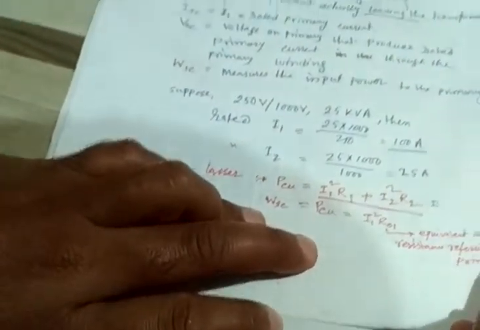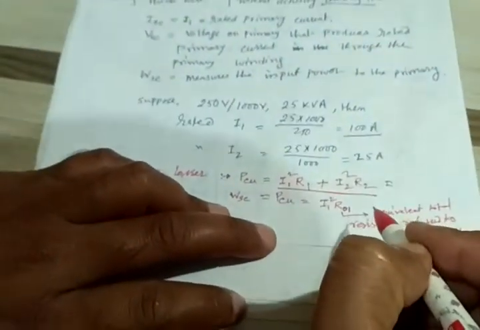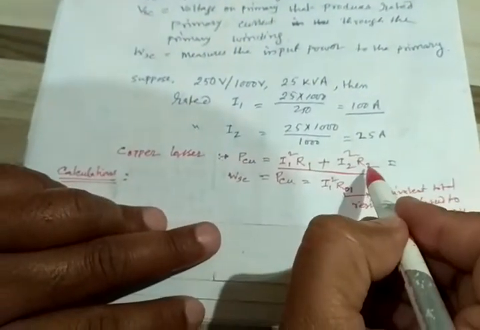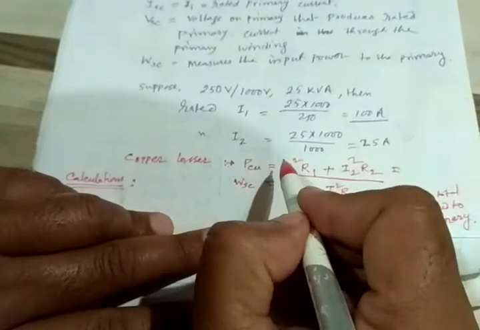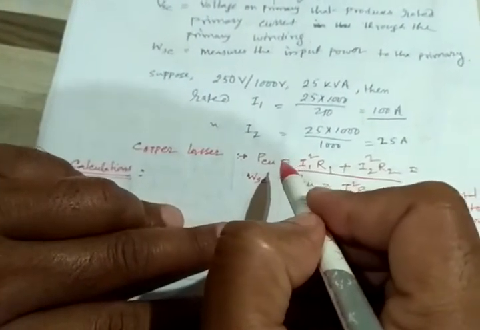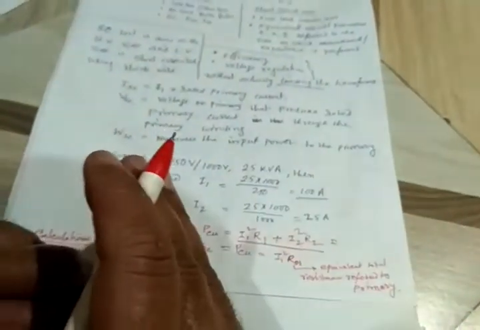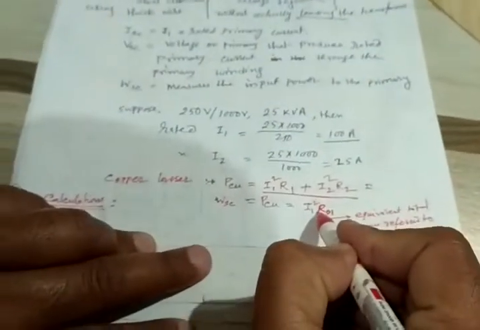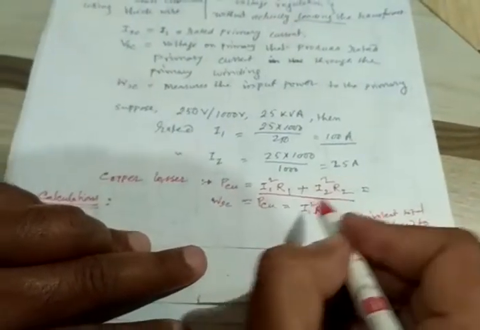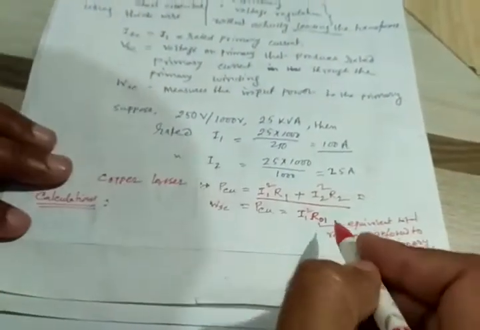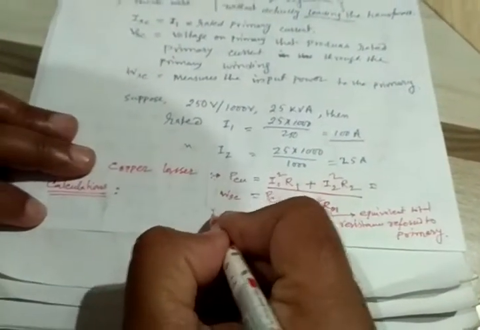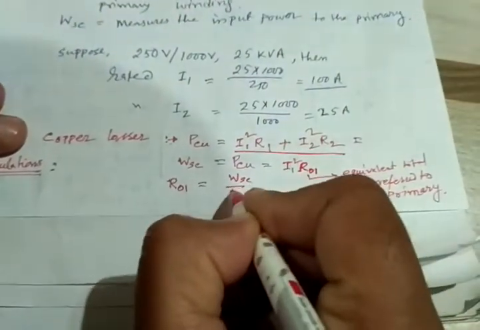If you are not understanding this, you should check out the lecture on the transformer equivalent circuit. All the secondary circuit resistance can be referred to the primary, and if we put R1 and R2 referred to the primary side, then the total resistance we get is known as R01, the equivalent resistance. So we can get the primary side equivalent resistance as R01 equals WSC by I1 square.